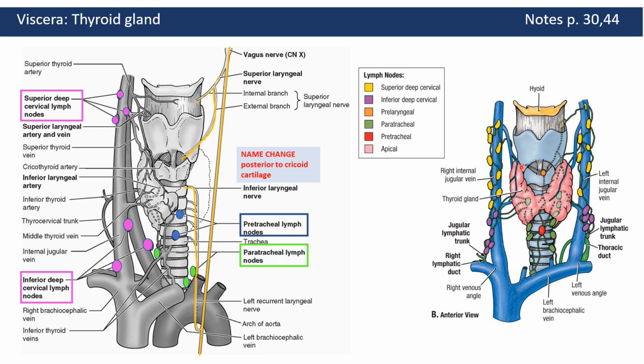Each of these drain laterally to these deep cervical lymph nodes, which I told you were associated with the internal jugular vein. So for instance, an infection on the vocal cords may drain to the prelaryngeal lymph nodes, which might then drain laterally to the superior deep cervical lymph nodes, and then inferiorly to the inferior deep cervical lymph nodes, where they will go through the jugular lymph trunks to the right and left venous angles.